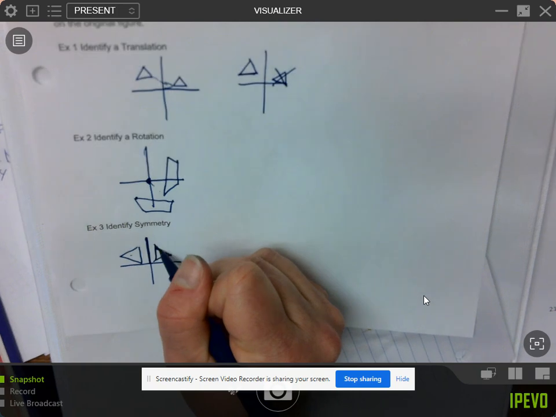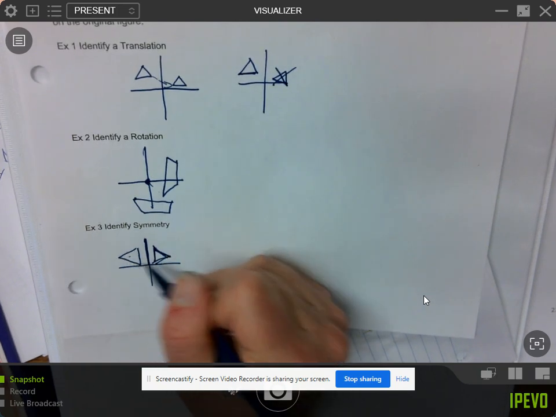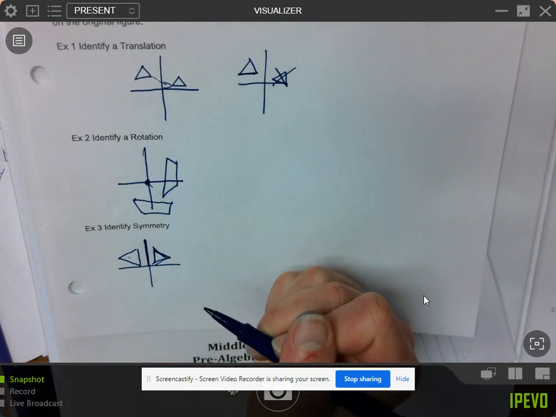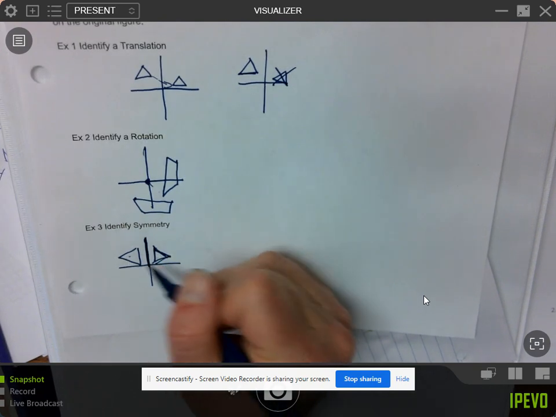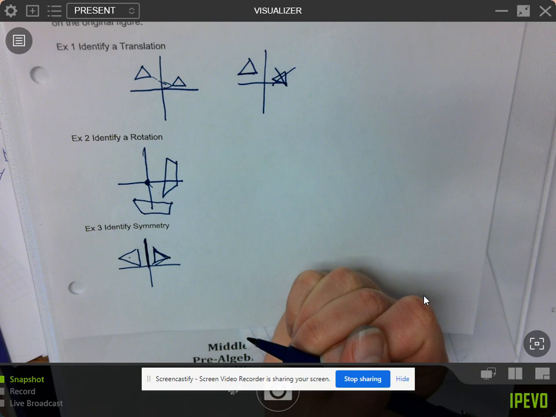I didn't draw it to scale, but it would be the exact same thing, just flipped over. Line of symmetry, that line of reflection would be right there, and it just flips over.